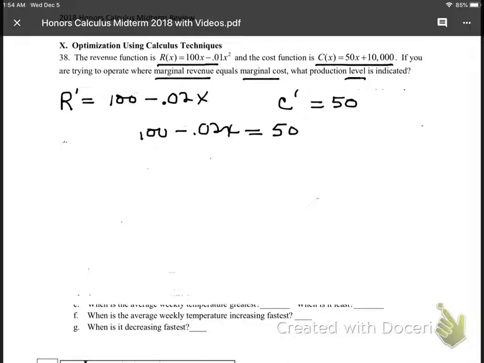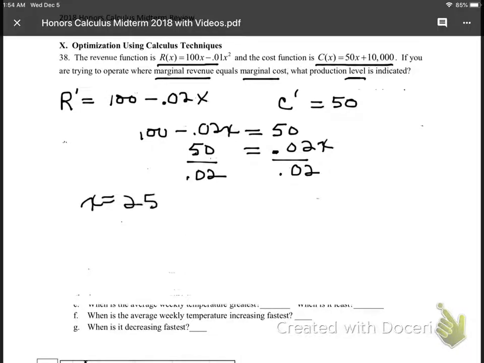So 100 minus 50 is going to give me 50, and I'm trusting that you can do this kind of work. 50 is going to equal 0.02x. Divide by 0.02 to get x by itself. And you get an x value equal to 2,500. That's your production level.